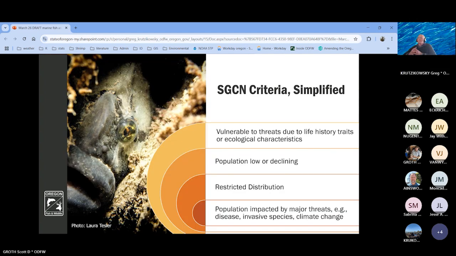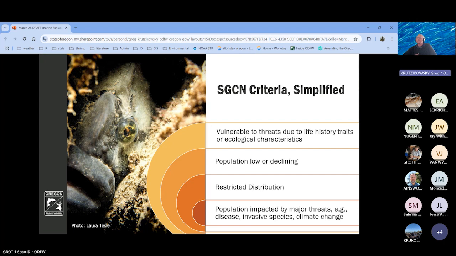So to inform our discussion of outcomes, let's have a look at the criteria for selection of SGCN. Staff led a comprehensive process to revise the criteria for selection of species of greatest conservation need in 2023. The conservation criteria were developed based on those used in 2016, with changes to make them inclusive of all taxa.